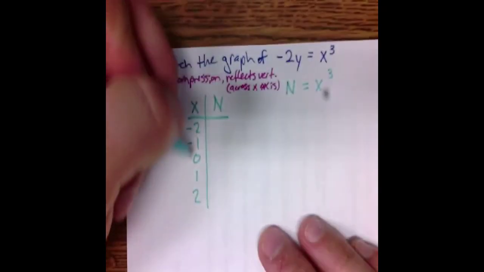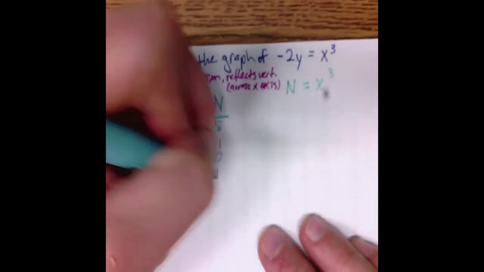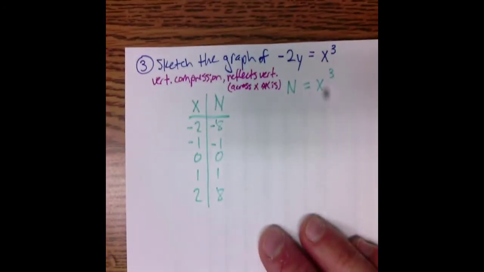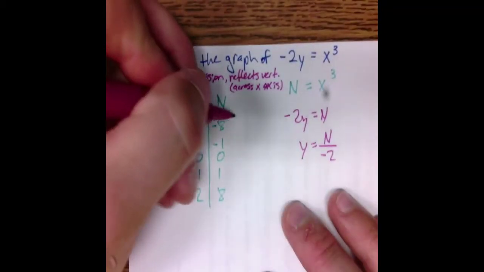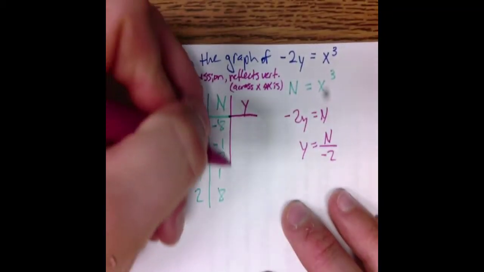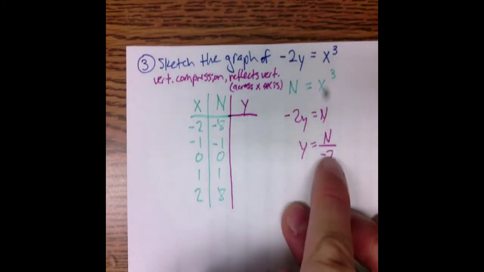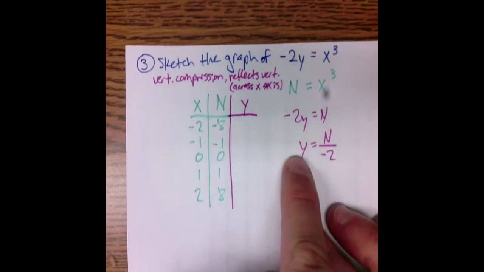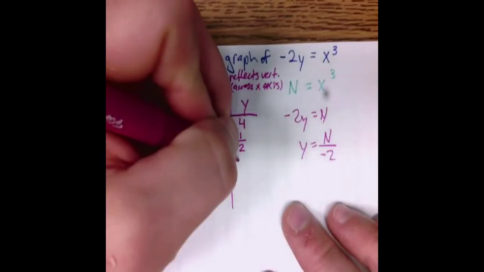Okay, so we kind of want to keep in mind what's going to happen here, but then we can use this to get more precise by making our table. This makes negative 8, negative 1, 0, 1, and 8, but then remember, if negative 2y equals n, then y equals n over negative 2. So if I want to get my outputs here, I take whatever n was and divide it by negative 2 to get my y. And that's going to make for me here then positive 4, that's going to become positive 1/2.